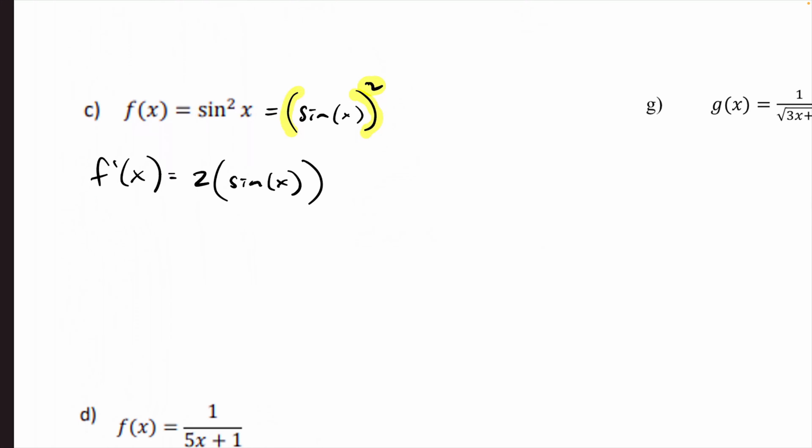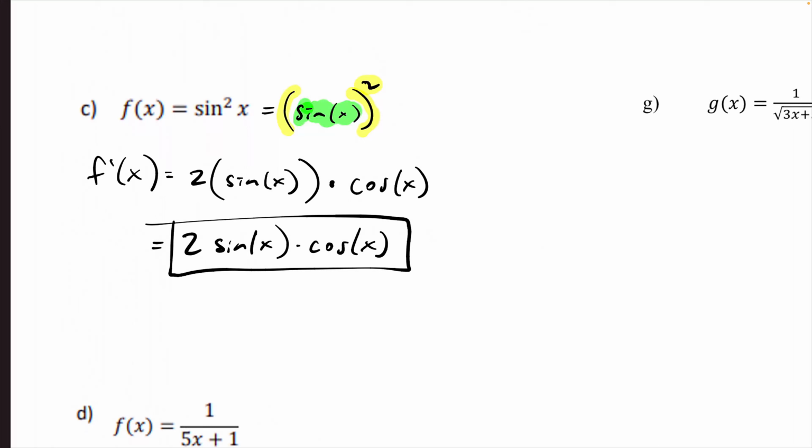Then I had the inside layer. The derivative of the inside, derivative of sine is cosine. So you have 2 sine of x times cosine of x. Done.